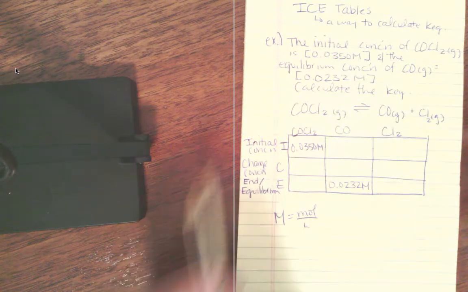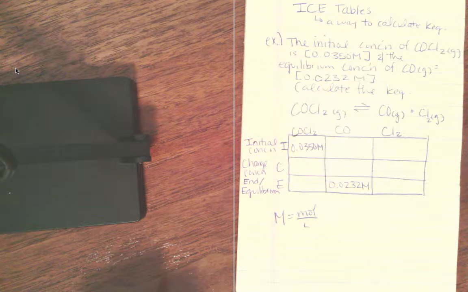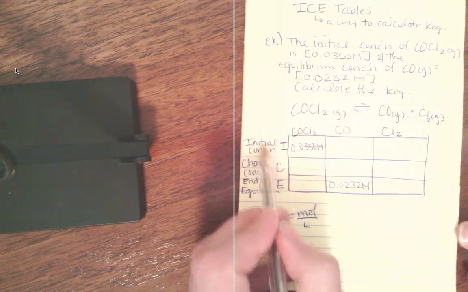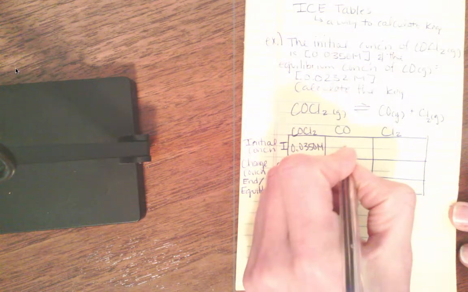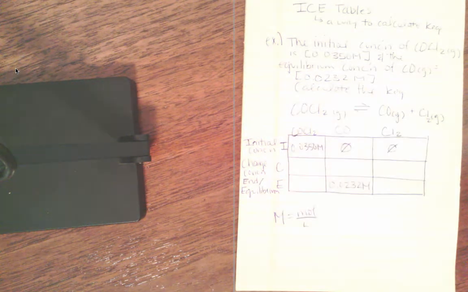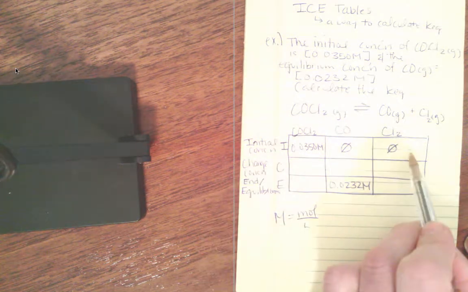Okay, if I have a chemical reaction at the very, very beginning, at the genesis of the reaction at time 0, I don't have any products because the reaction hasn't started. And so you can assume the initial concentration before the reaction proceeds for the products are going to be 0. So the product initial concentrations are always 0 in this context. All right, so now we have our entire top row filled out.